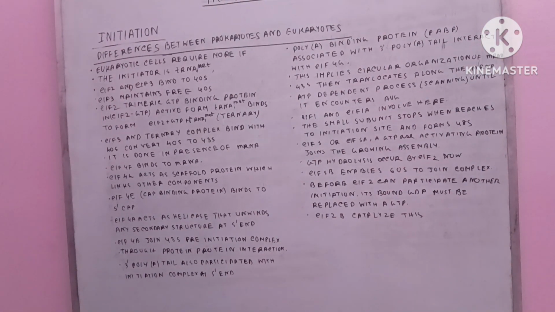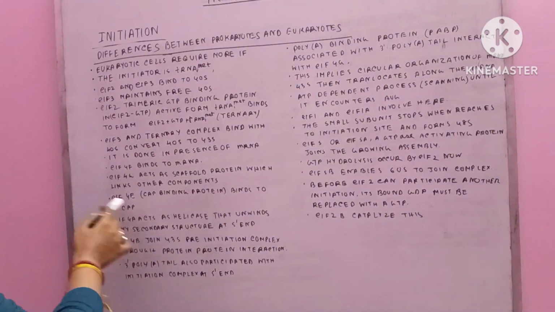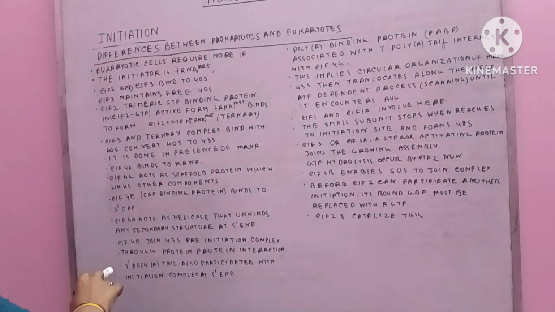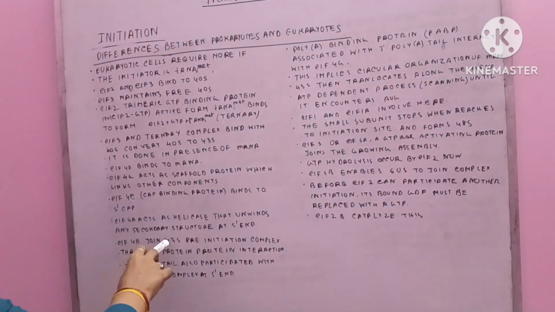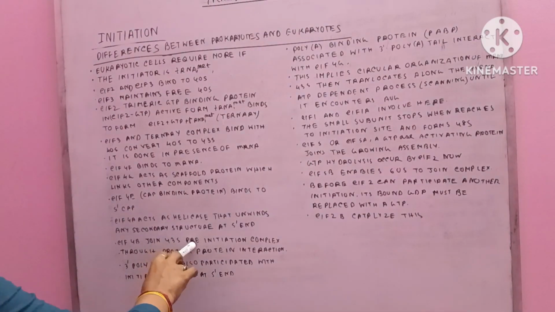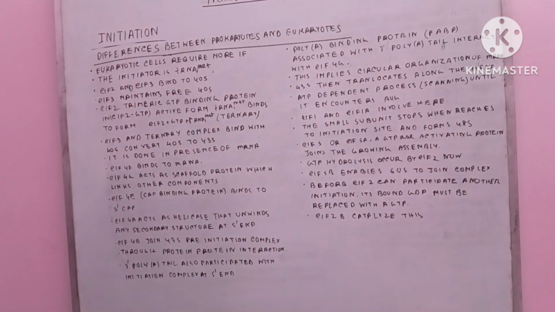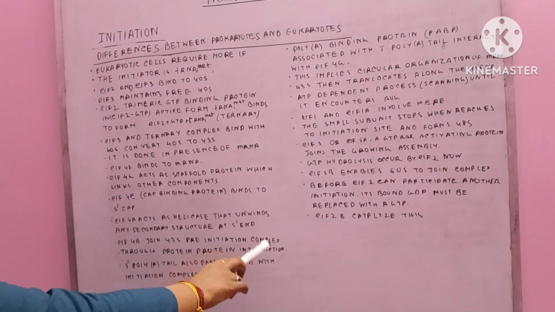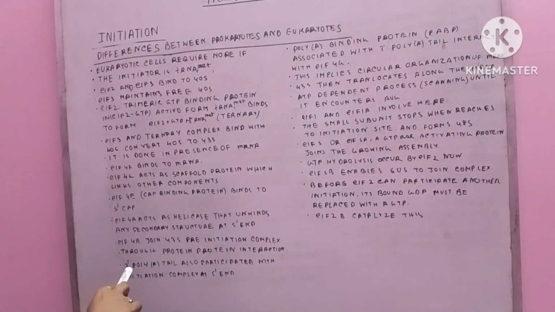If any secondary structure is there, it becomes unwound with the help of EIF4A. And EIF4B joins the 43S pre-initiation complex through protein interaction.